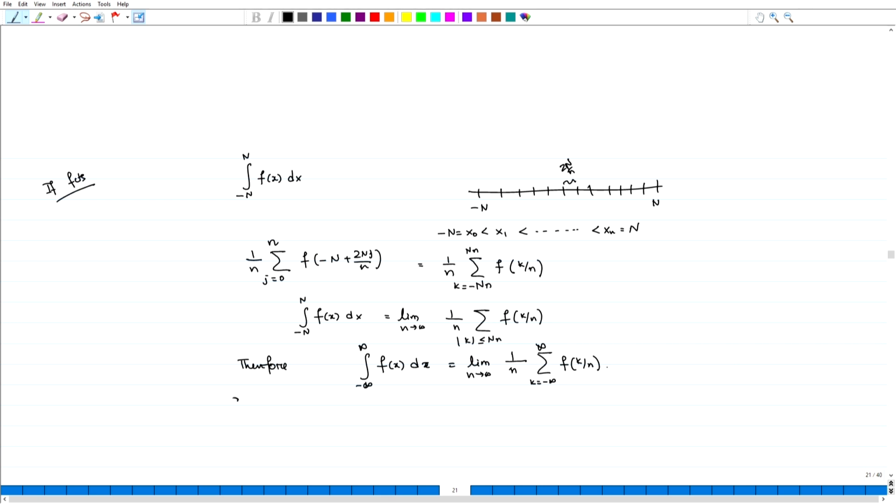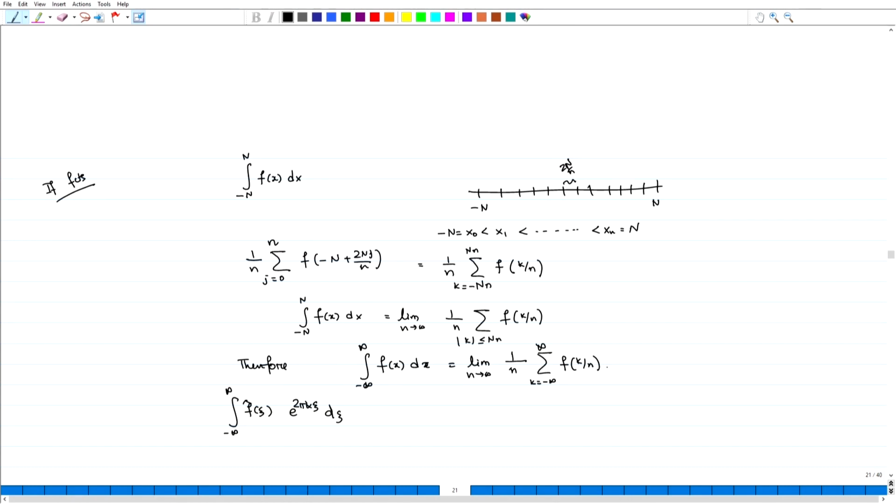So, if I take my f in particular to be the integral from minus infinity to infinity of f hat of xi e to the power 2 pi i x xi d xi, you see, we are assuming f hat to have moderate decay. So, we can define this integral as the limit as n goes to infinity of the integral from minus n to n of this function.